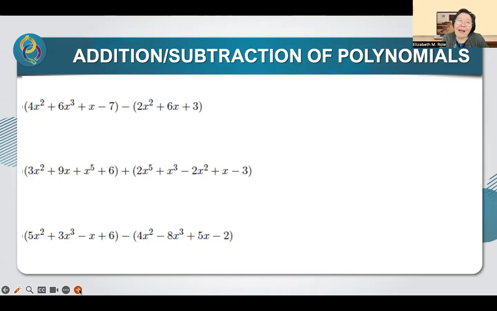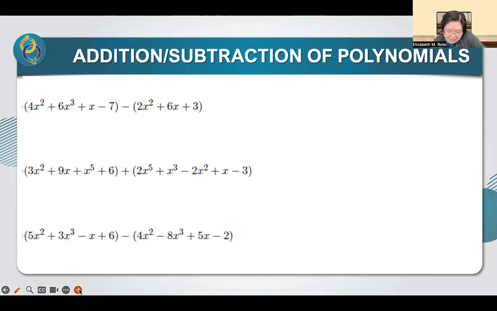Wait, that is minus. You're subtracting. Okay, yes, it's going to be minus 5x, yes, minus 10. All right.